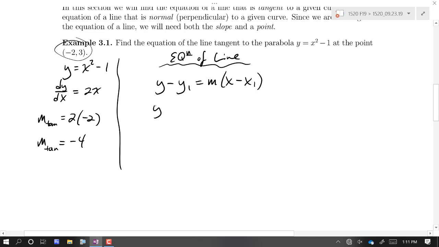So this is y minus 3 is equal to negative 4 times x plus 2. And, unless it's specified, you could leave the equation of a line in point-slope form. A lot of people default to getting it in slope-intercept form, and that just takes a little bit more algebra.